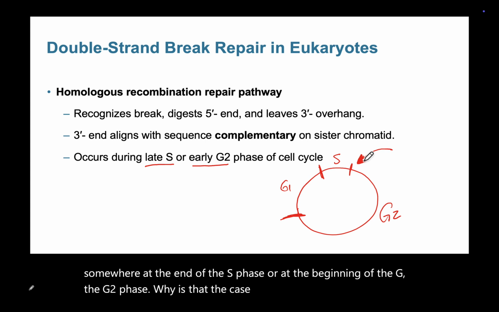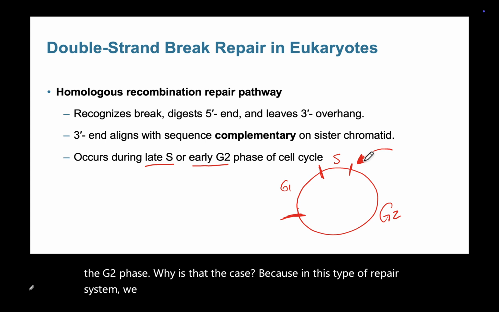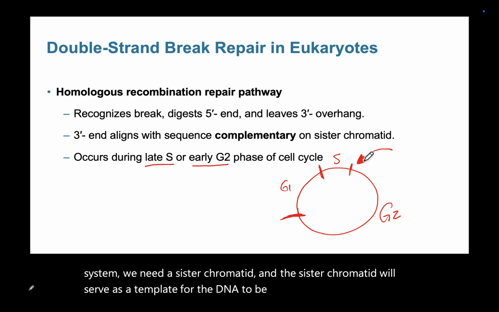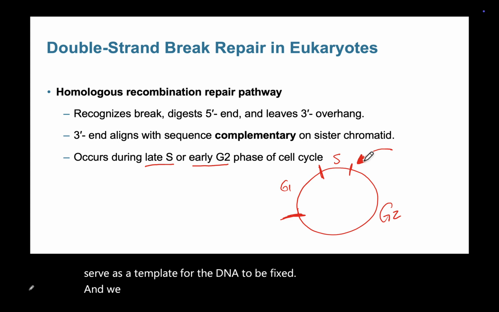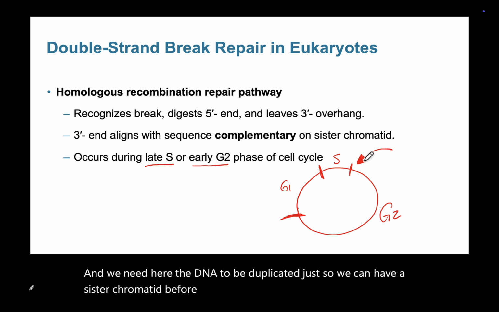Because in this type of repair system, we need a sister chromatid. And the sister chromatid will serve as a template for the DNA to be fixed. And we need here the DNA to be duplicated just so we can have a sister chromatid. Before the DNA is duplicated, there is no sister chromatid, right?